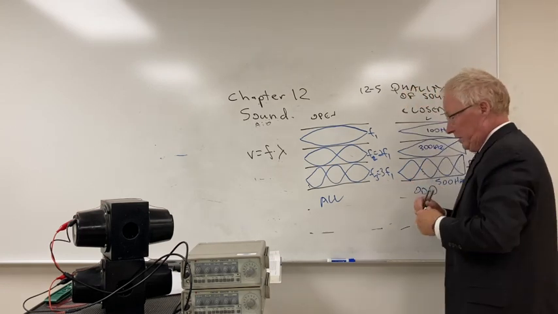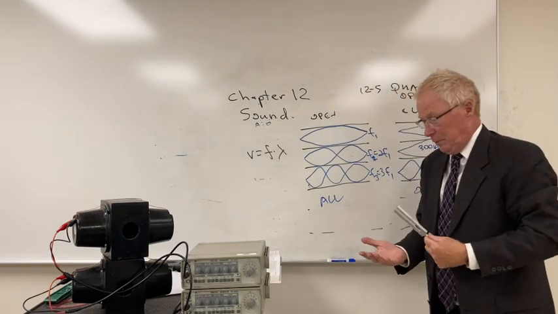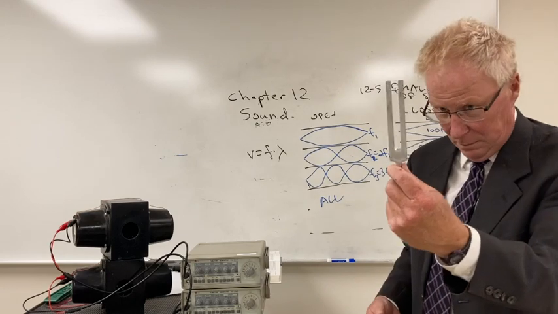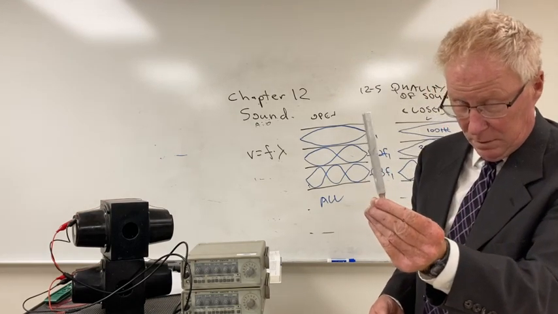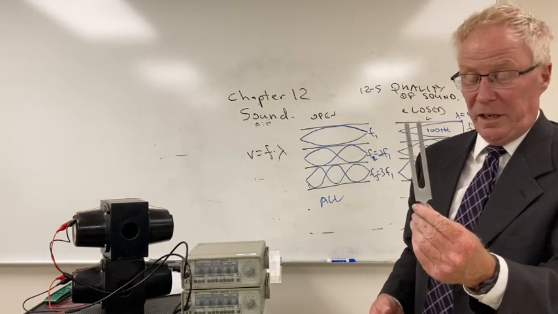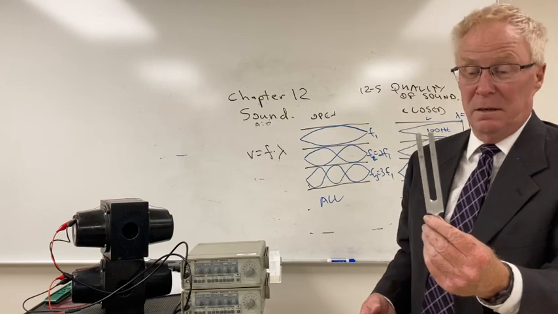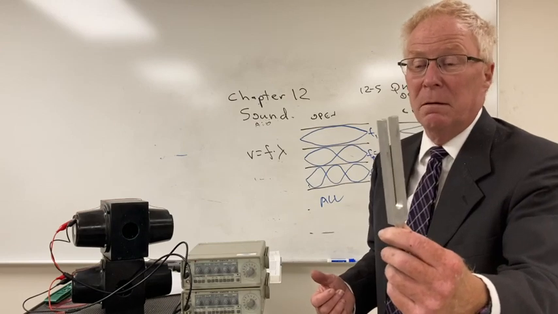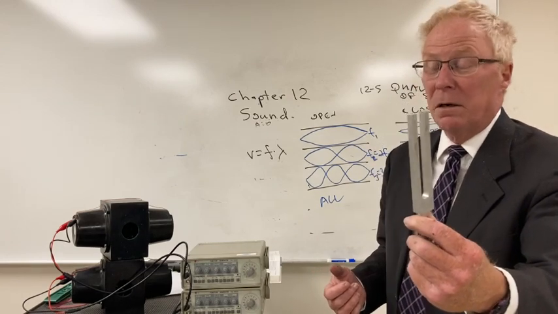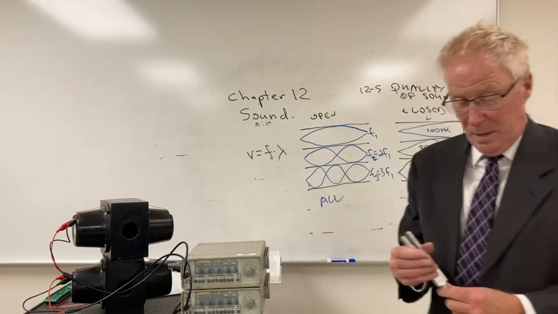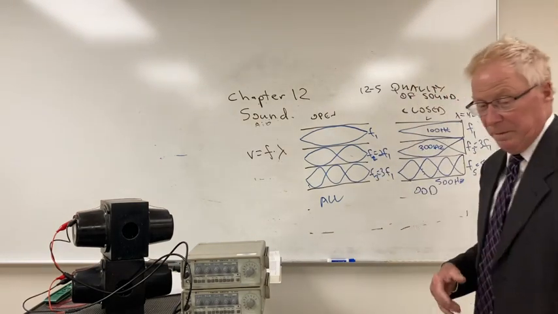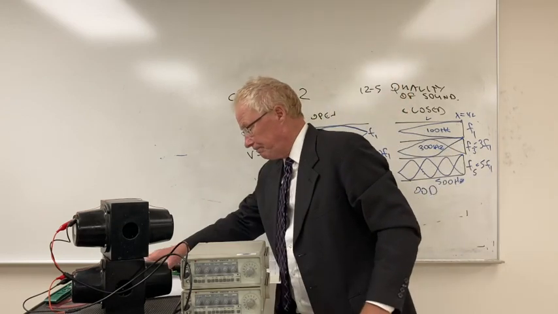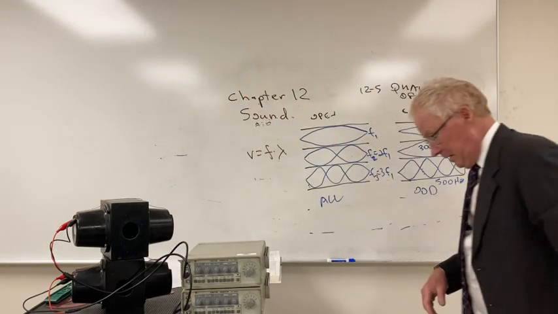then we start looking at, comparing a simple tuning fork. All right, this is a B, 480 hertz. It's a nice simple sound, but this is just one frequency.